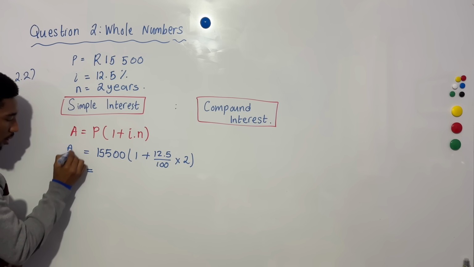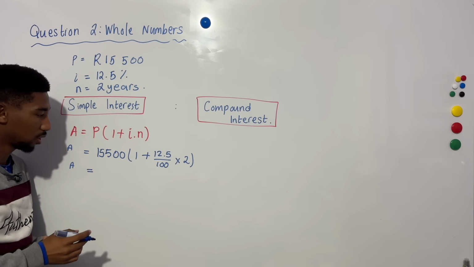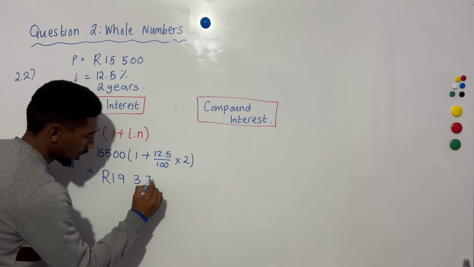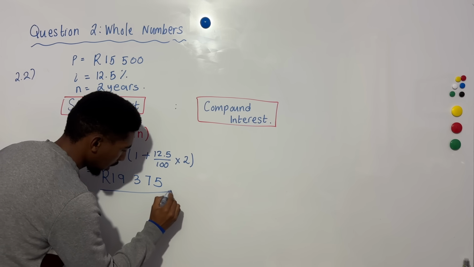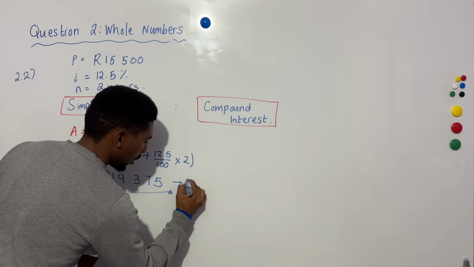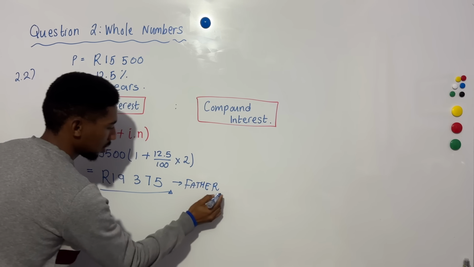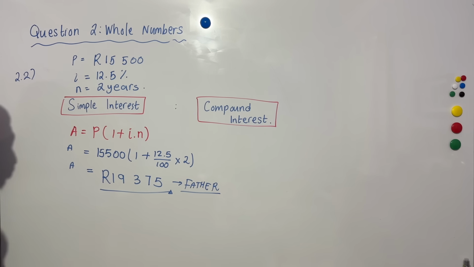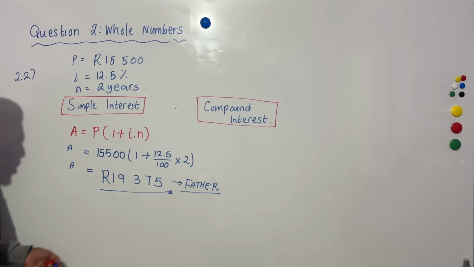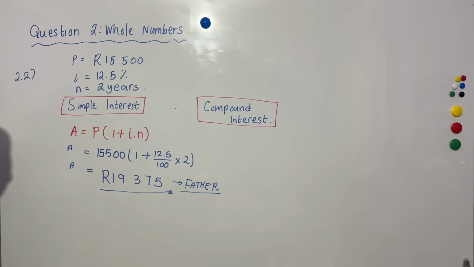And it's quite simple, we just plug that into our calculator. Then we get the answer of 19,375. This is what we have to pay back to the father after borrowing 15,500. We have to pay back 19,000, which I would think is around about reasonable.